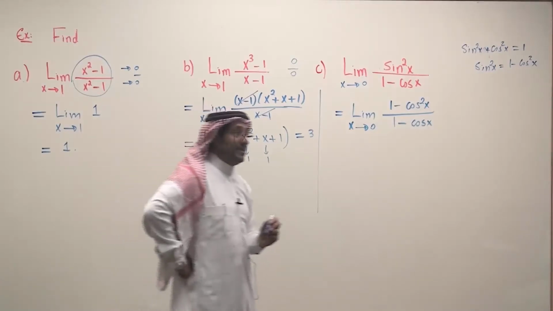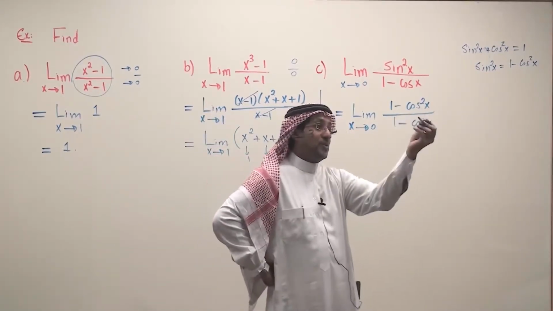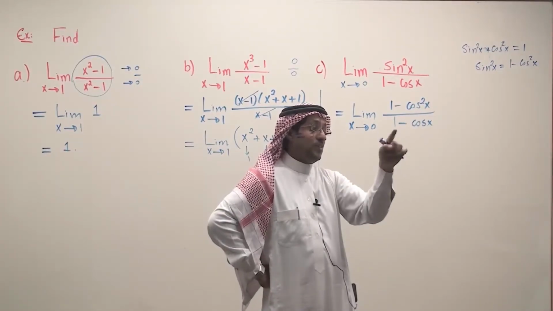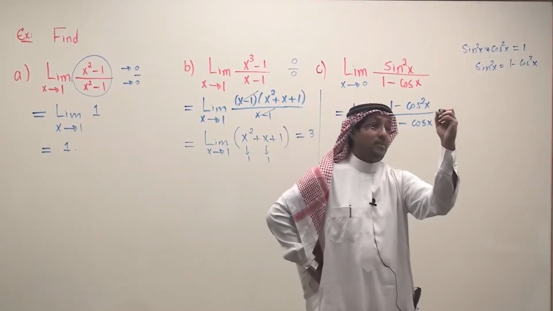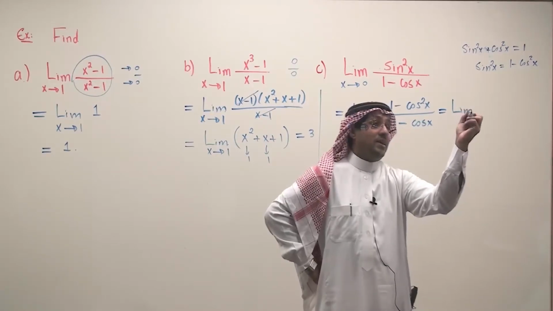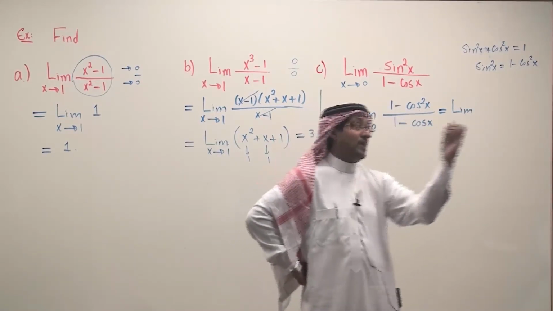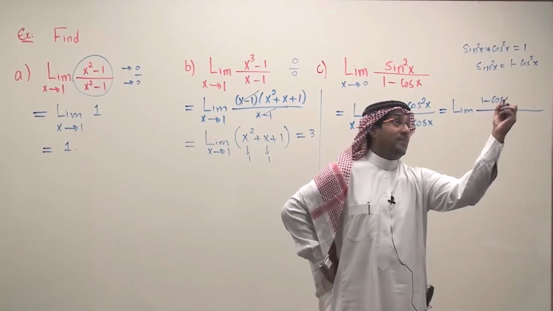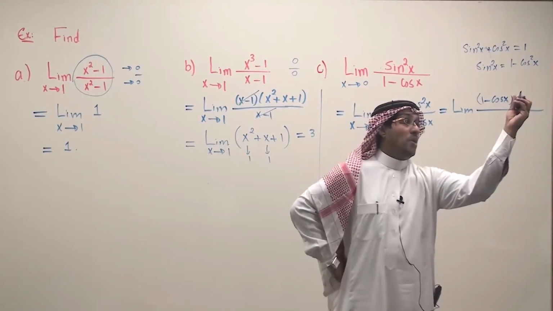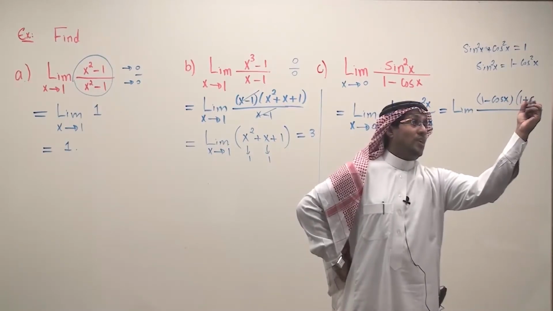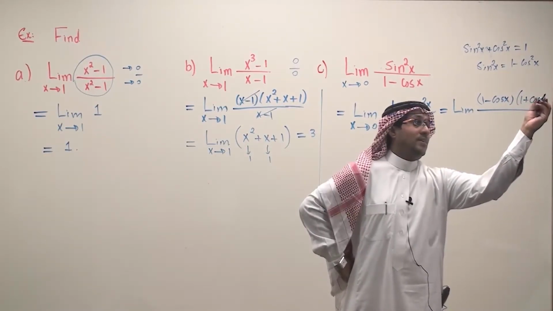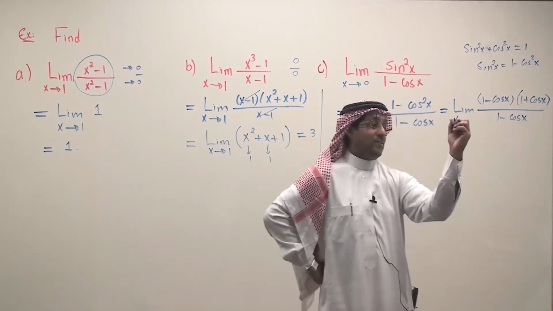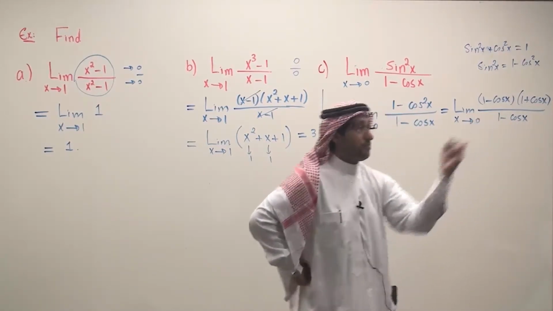Here, this is the difference between two squares, and one of its factors is 1 minus cosine x. So this is the limit. I can factor this out, so it's going to be 1 minus cosine x times 1 plus cosine x, divided by 1 minus cosine x, as x goes to 0.